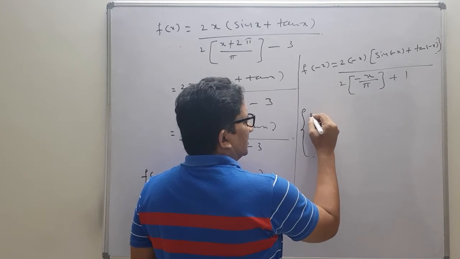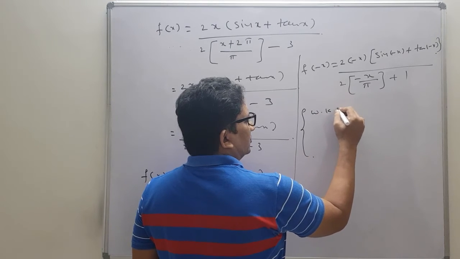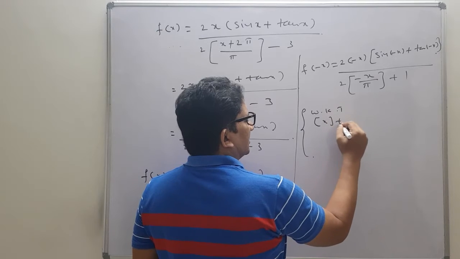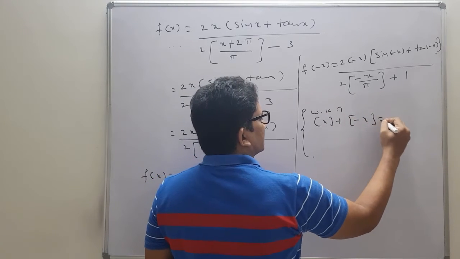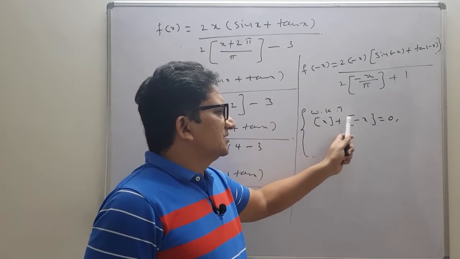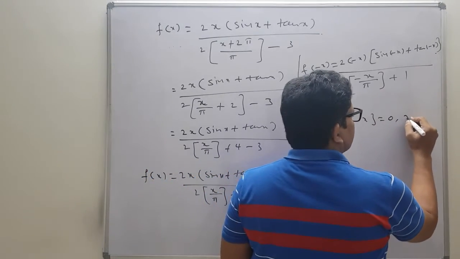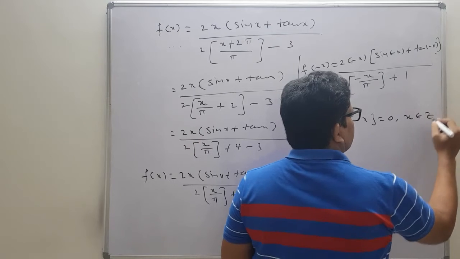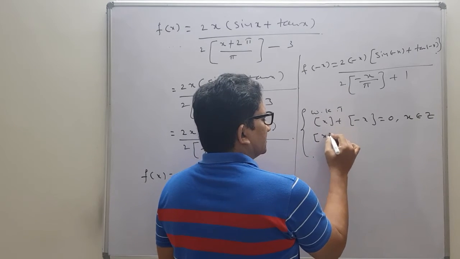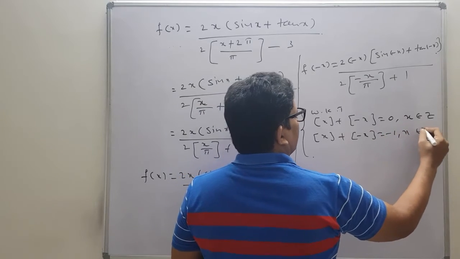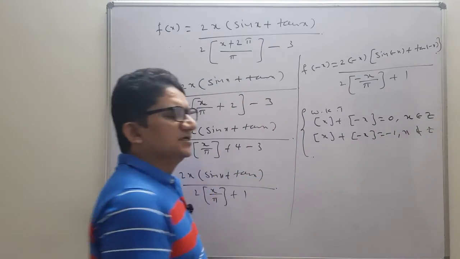We have a property: step of x plus step of minus x equals 0 if x belongs to integers, and step of x plus step of minus x equals minus 1 if x is not an integer.